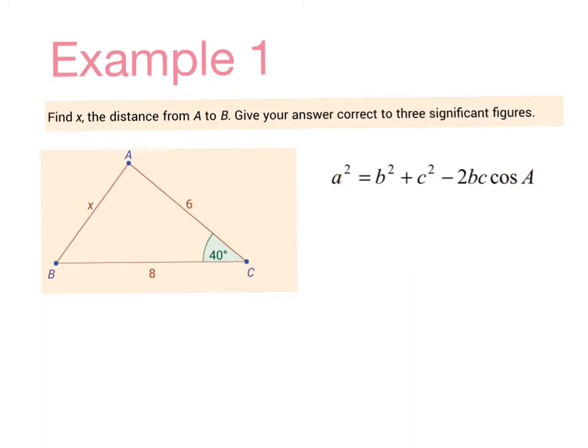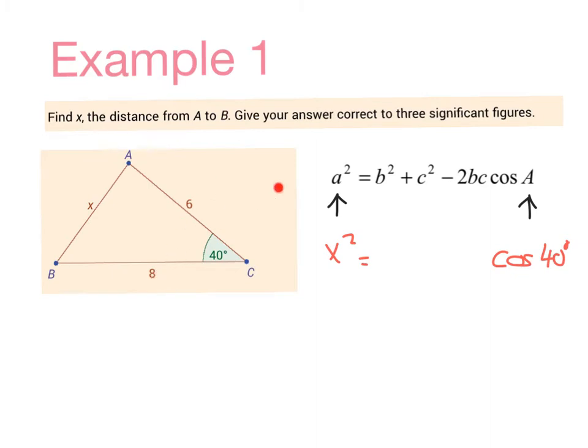The only thing that matches up, a side and an angle, is these two here. So x, remember the small a is my side, so I'm now going to call that x squared equals, and then over here I'm going to write cos, and instead of writing cos A, it's now going to be cos of 40. So making sure that these are a pair is super important.